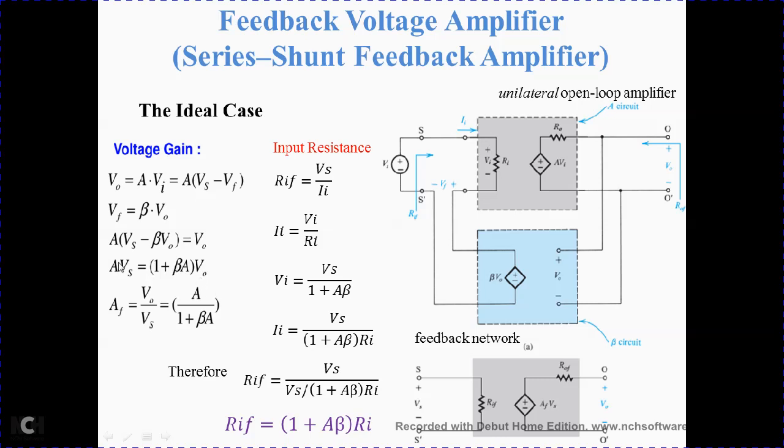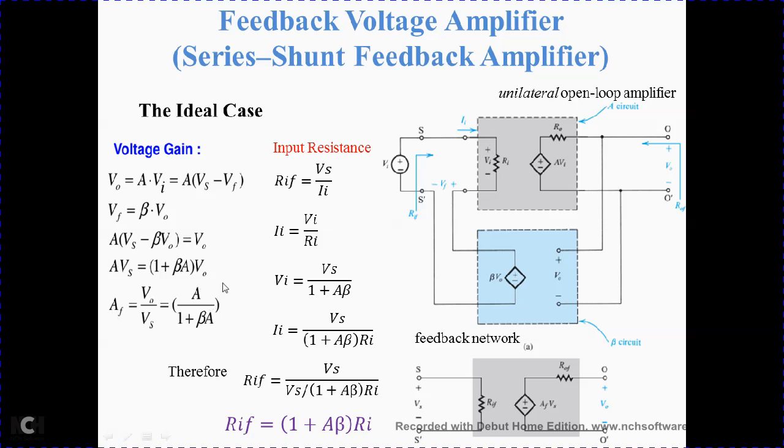So V0 by Vs is actually the gain with feedback, which is equal to A divided by 1 plus beta A. Take this to the LHS, take this Vs to the RHS, and you get V0 by Vs, that is nothing but the feedback gain, gain with feedback, right?